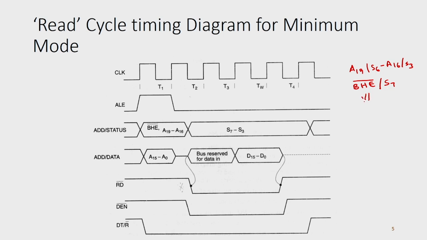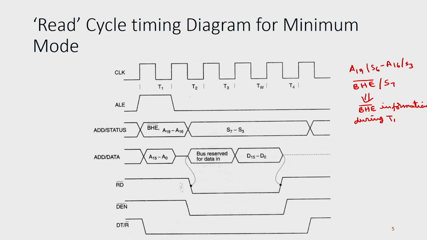It will carry BHE bar information during T1, and in subsequent clock cycles S7. Here also, in subsequent clock cycles, S6 to S3, which we have already discussed. So in subsequent clock cycles, this address bus will be latched, as you have already discussed.